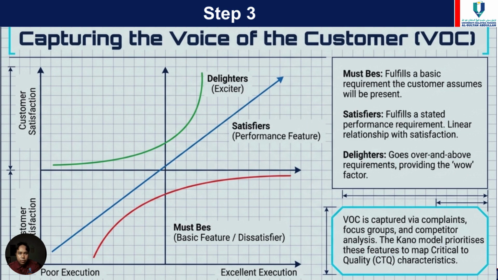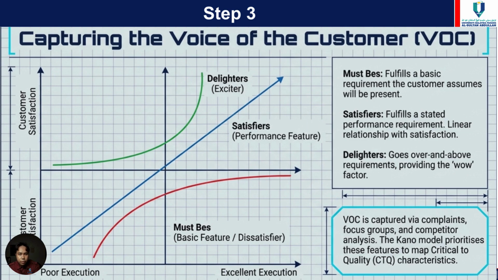So for VOC, we must fulfill a basic requirement the customer assumes will be present, and the satisfier fulfills a stated performance requirement, which is the blue line, with a linear relationship with satisfaction. And then delighters, which is the green line, go over and above requirements, providing the wow factor.